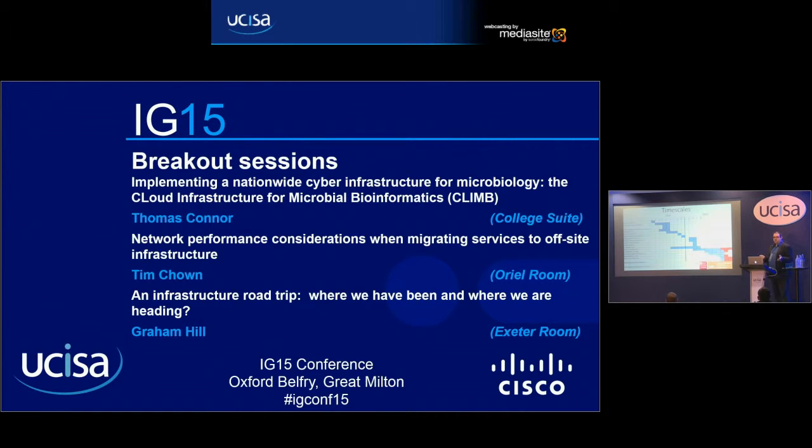We've got about 45 users from across the UK microbial bioinformatics community who are currently what we call our early access adopters. And so we're spending the next few months now just ironing out any of the problems that we've got within the service in order that we can hopefully have a launch towards the tail end of the year.